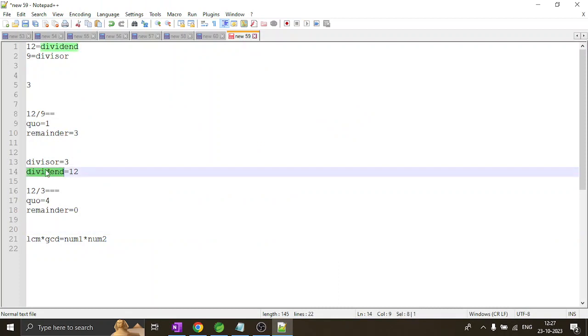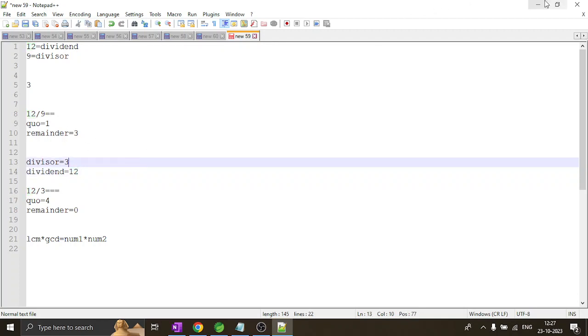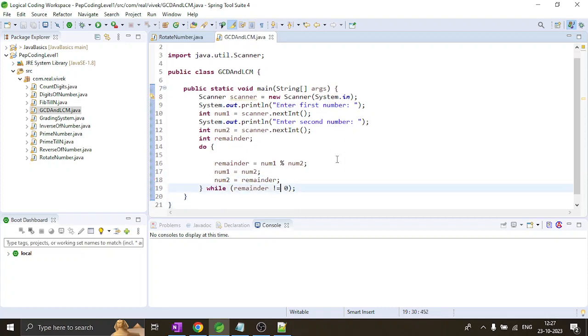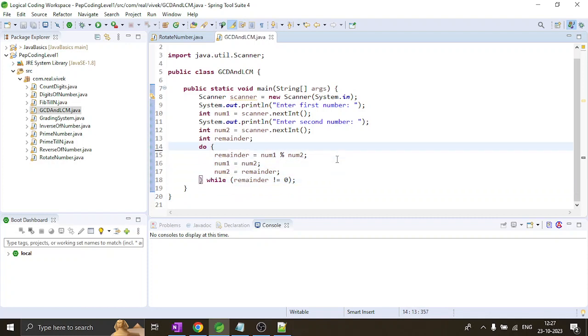So the dividend will become the divisor which was present, which is num2, and basically num2 will become the remainder, right? So first we calculate the remainder, which is num1 mod num2. Then we swap the numbers.